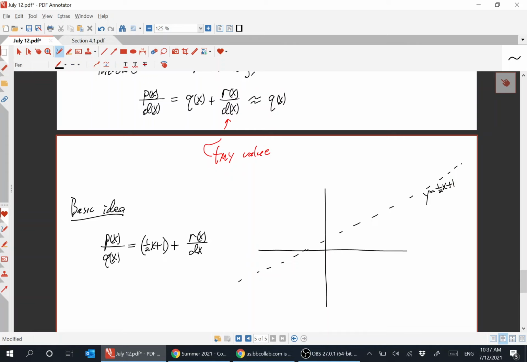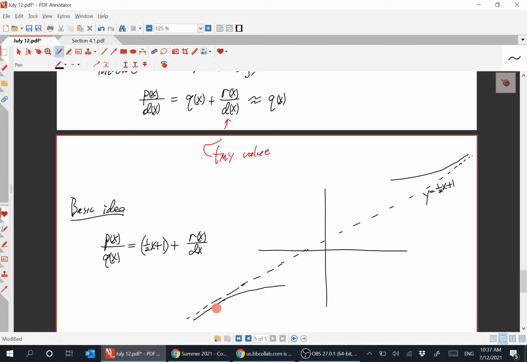Essentially, the function p over q looks like that line, except in the middle. It's going to hug that line.